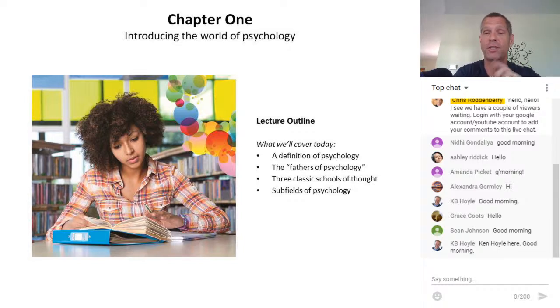Today we're going to talk about a definition of psychology, 3 people who are important in the beginnings of psychology, 3 basic approaches to looking at the human being, and what we would call the professional subfields of psychology that exist right now.